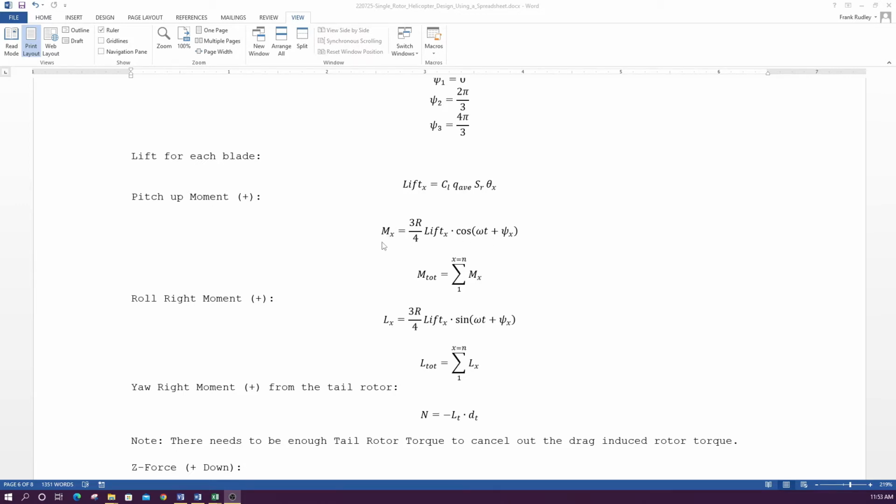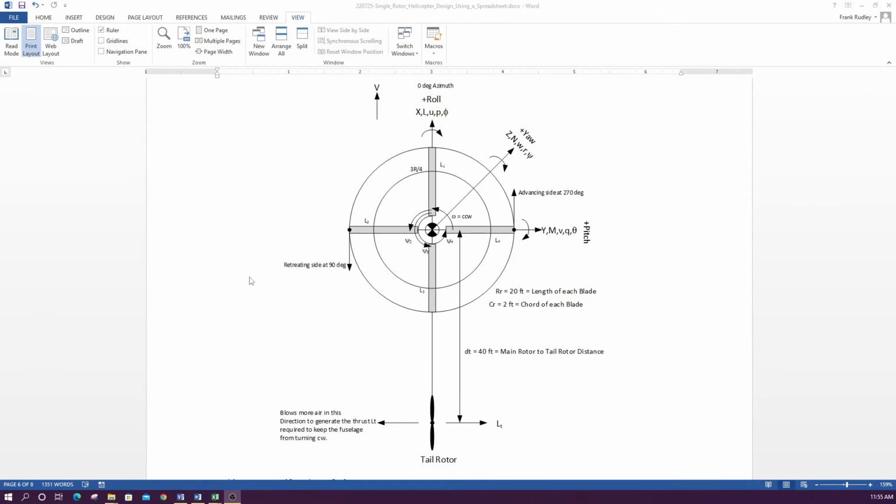Maybe I'll go back to the figure and we'll take a look at how that might work. So if we go back to the figure, say for blade 1, the lift works at this point here, and it's 3R over 4, that's our crank arm. For the M moment, you can see it's going to maximize here.